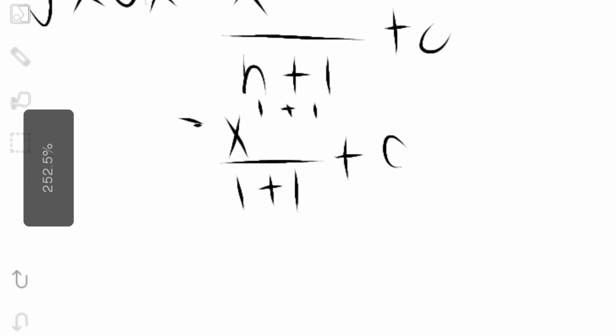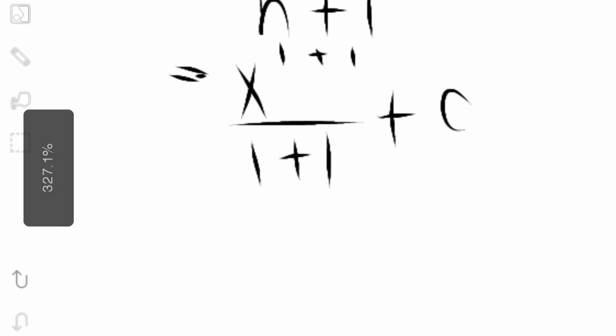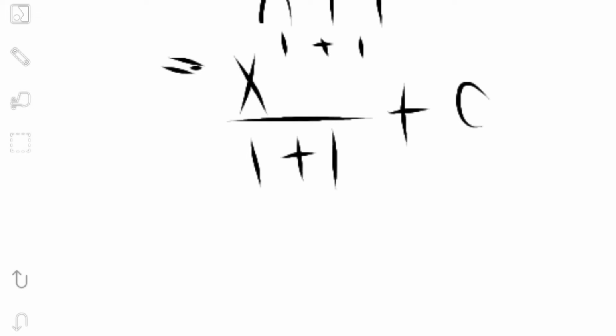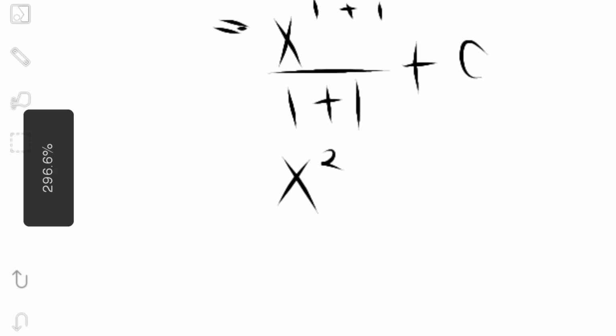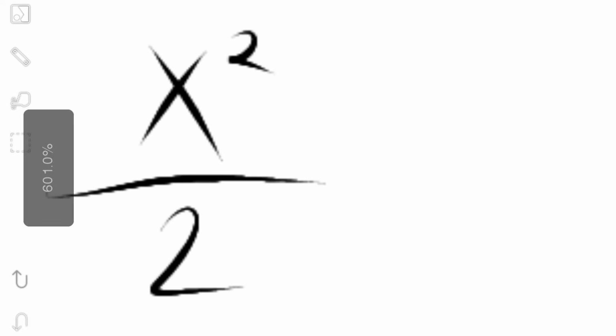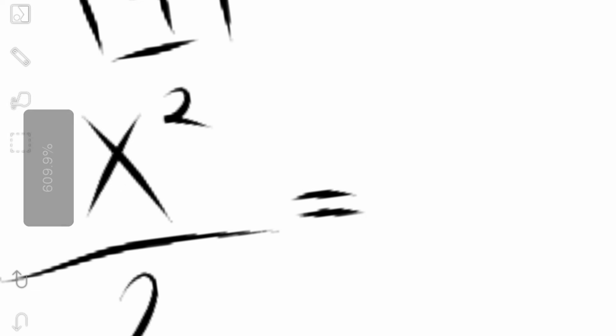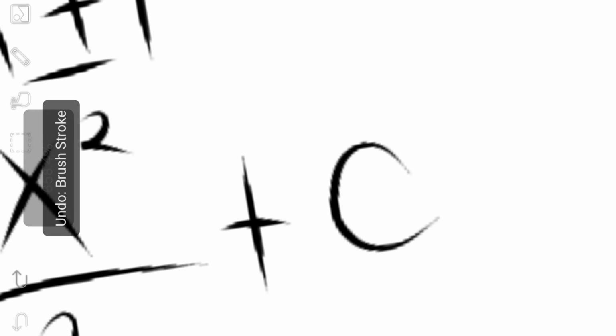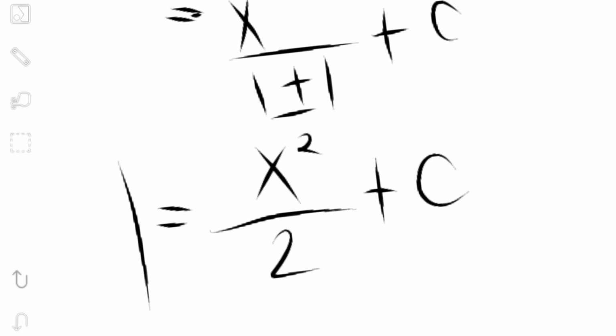So x raised to 1 plus 1 over 1 plus 1 plus c. So x raised to 1 plus 1 is equal to 2, and 1 plus 1 is equal to 2. Then we put the c, and this is our final answer.